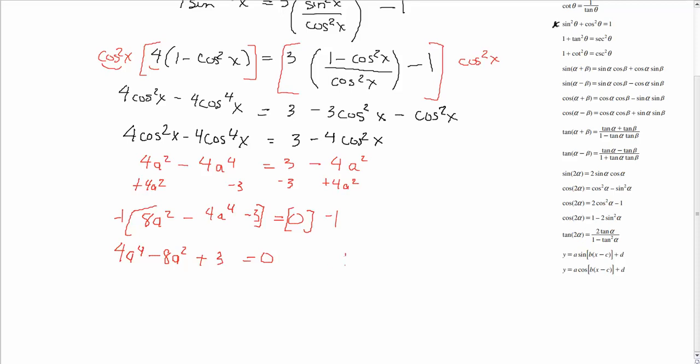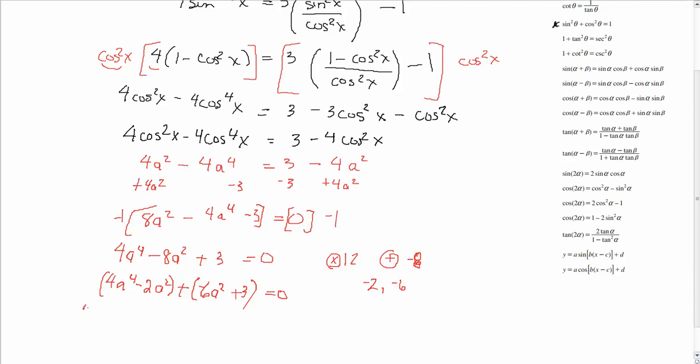I want two numbers that multiply to 12 and add to -8, and so we've got -2 and -6. So we rewrite this as 4a to the fourth minus 2a squared plus -6a squared plus 3. And we're going to group these.